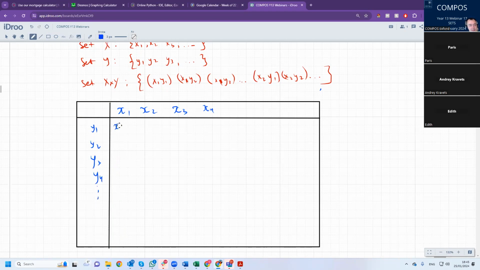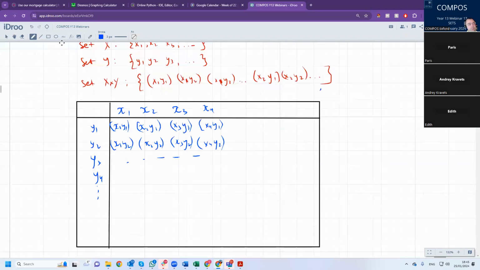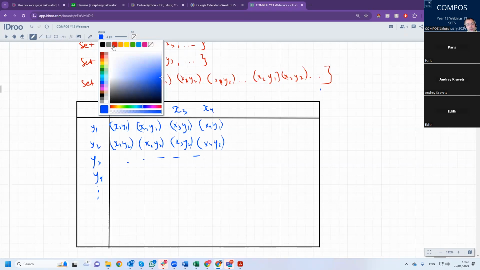And here we'll have x1, y1, x2, y1, x3, y1, x4, y1, etc. This is going to be x1, y2. So pairs, like coordinate pairs. x2, y2, x3, y2, x4, y2, etc. So you need to prove that you can count them.